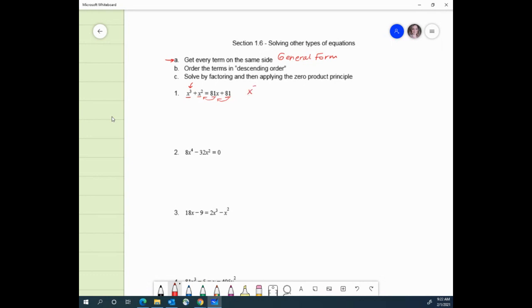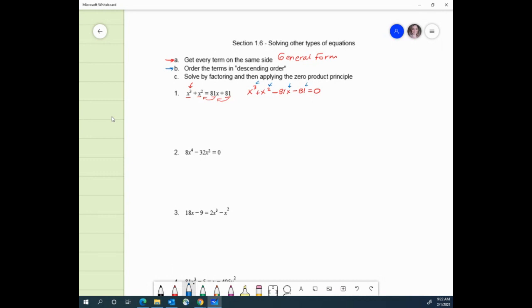So this becomes x to the third plus x squared minus 81x minus 81 equals 0. And we always order them in descending order. That means x to the third, then x squared, then an x, and then my constant, always in descending order.